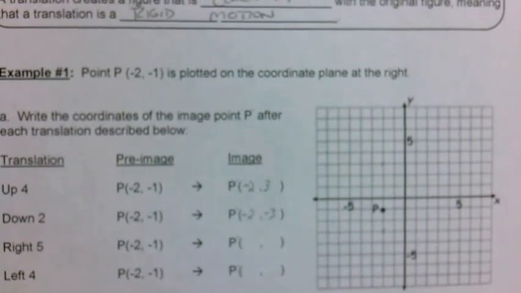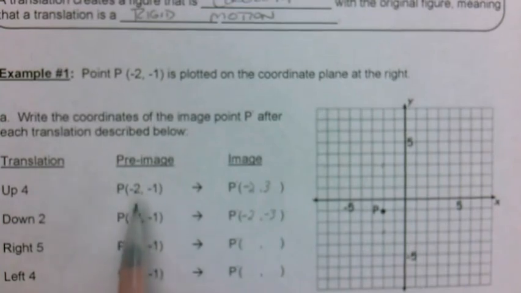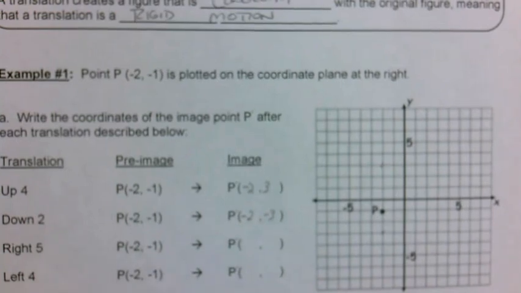So let's summarize what we have just seen so far. A translation that moves up or down changes the blank coordinate of the point. Here was our pre-image at -2, -1, and the image was at -2, 3 or -2, -3. Notice that the x-coordinate stayed the same, but it was the y-coordinate that changed.